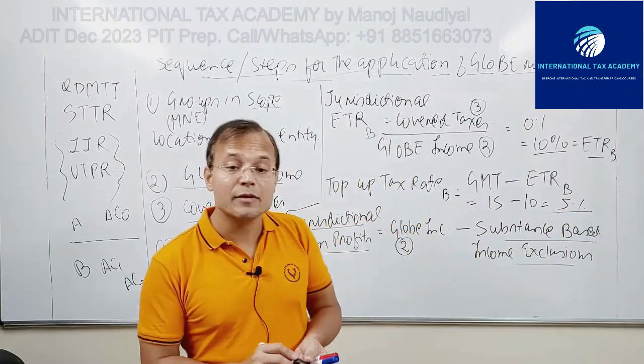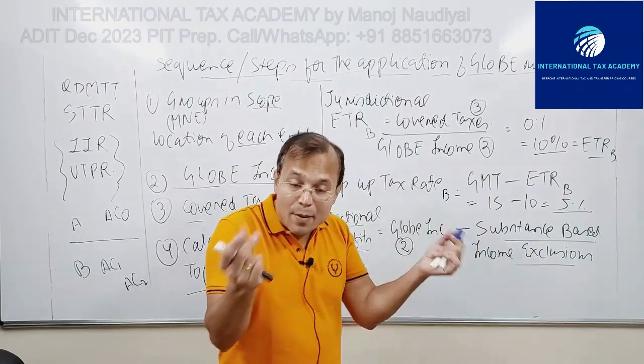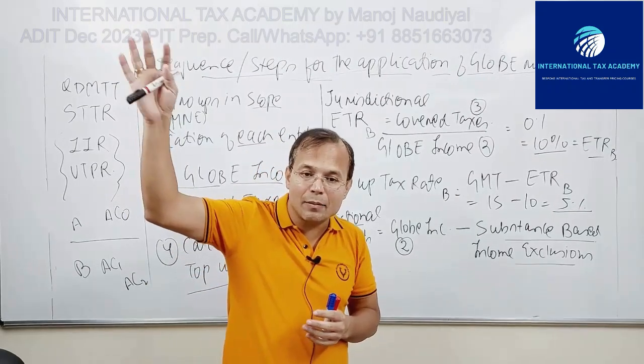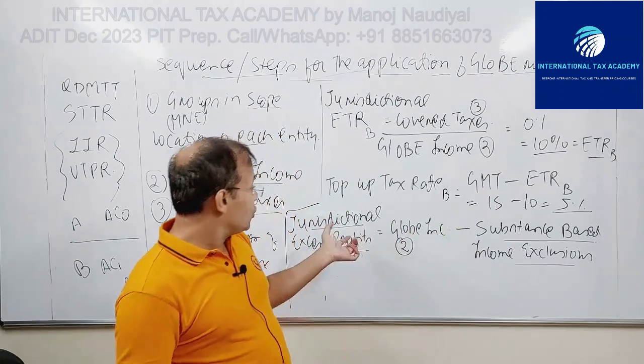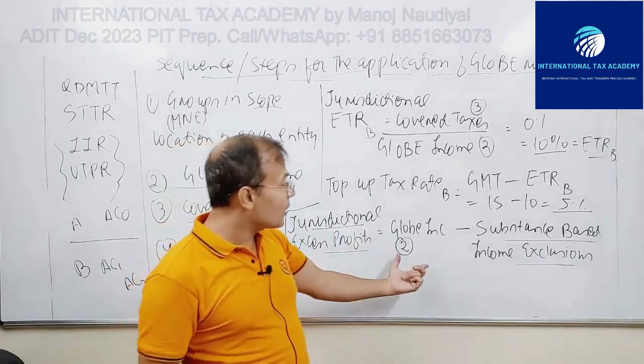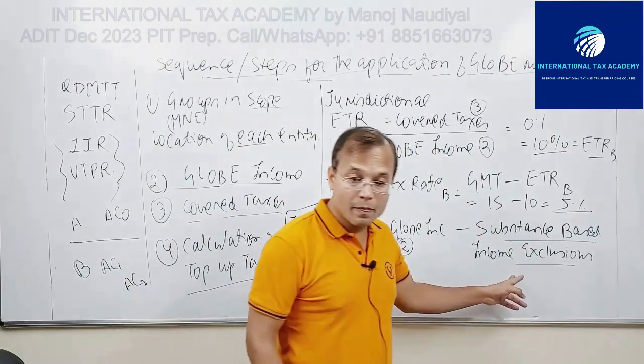Substance based income exclusion: requirement of substance, action plan item number 5, transparency and substance. Jurisdictional excess profit is equal to GLoBE income minus substance based income exclusion.